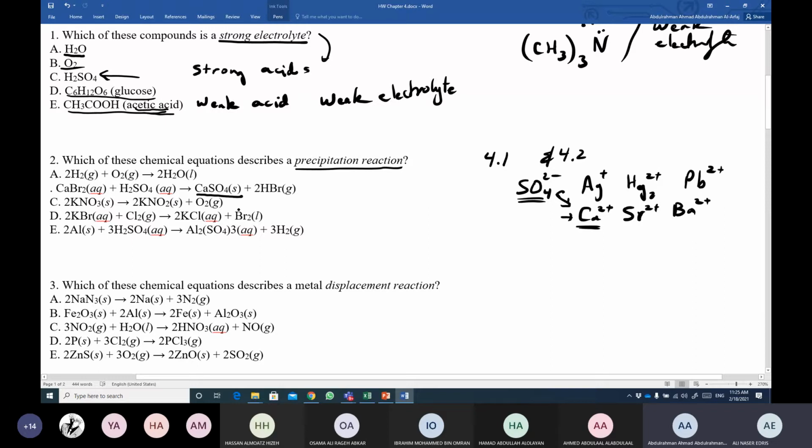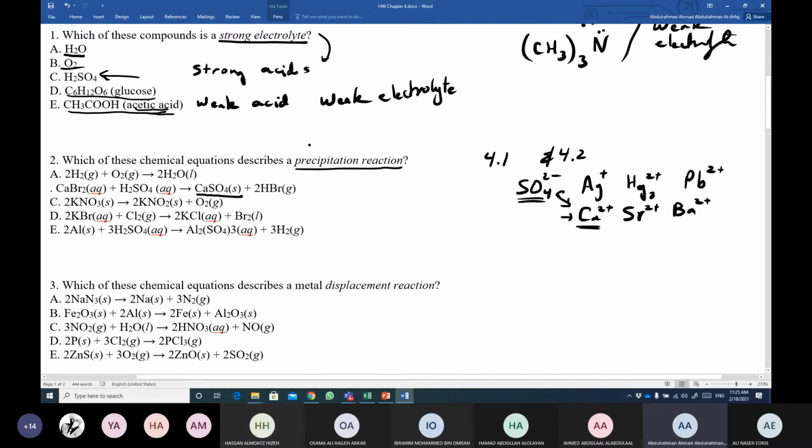Doctor, in this type of reaction, we need two reactants, right? Yes. For example, number C is absolutely wrong. C is wrong because nothing is reacting with anything. It's just decomposing. It's not a precipitation reaction.